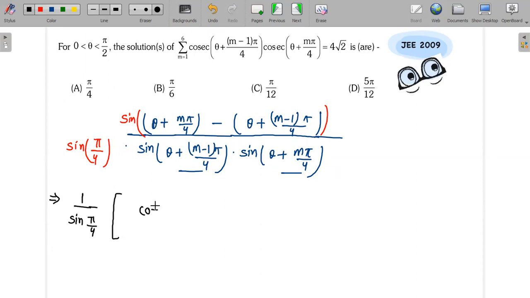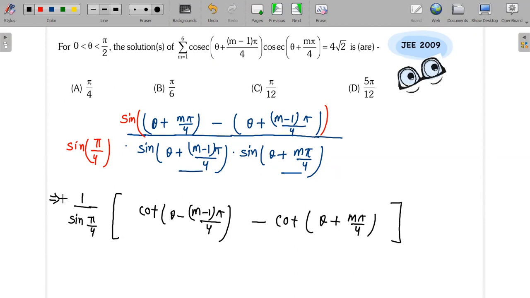and eventually we have cot of theta plus m minus 1 times pi by 4 minus cot of theta plus m pi by 4. The moment you start putting different values of m, since the sigma sign was there, do not forget that m will vary from 1 up till 6. So what will happen?